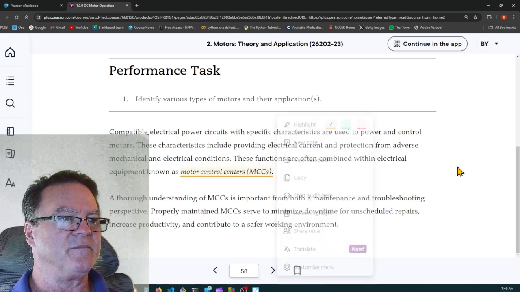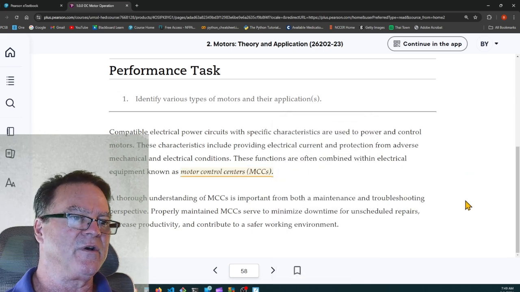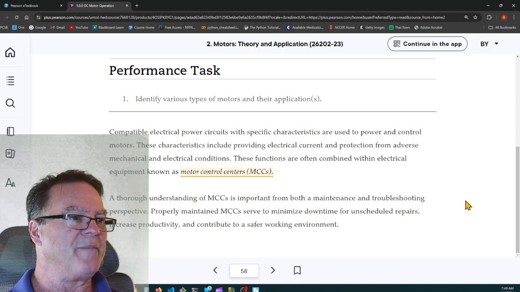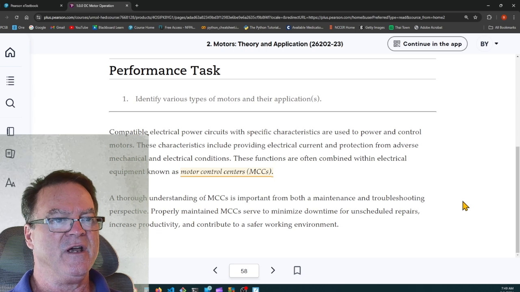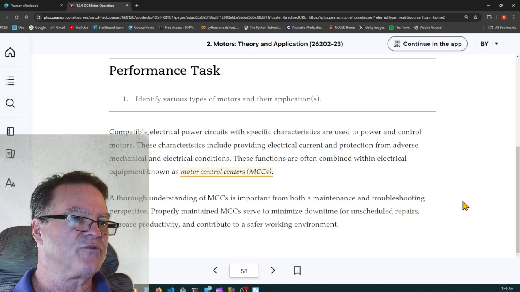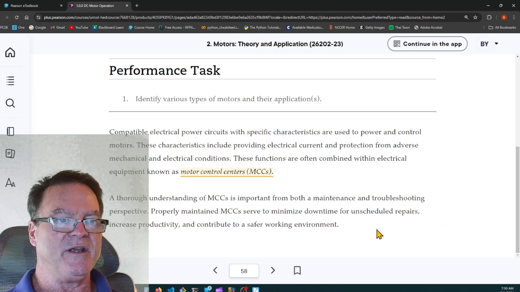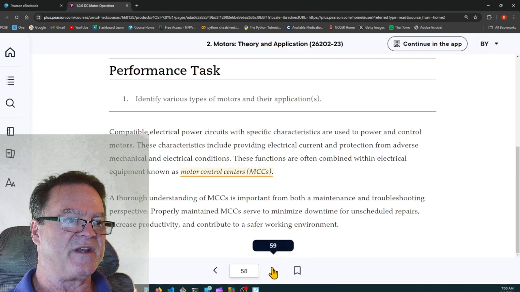You'll hear that on bigger jobs. Thorough understanding of motor control centers is important for both a maintenance and troubleshooting perspective. Properly maintained motor control centers serve to minimize downtime for unscheduled repairs, increase productivity, and contribute to a safer work environment.